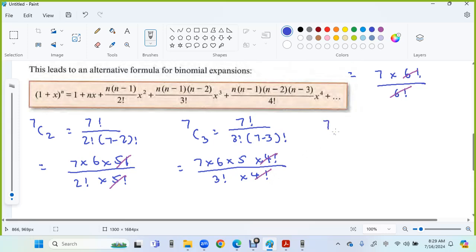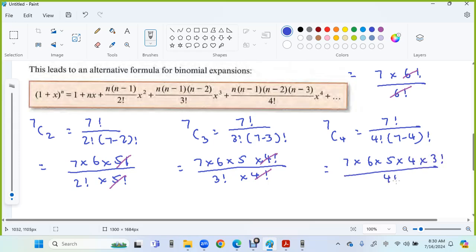And we have the 7C4, which is 7 factorial over 4 factorial times (7 minus 4) factorial, which is 3 factorial. Then 7, 6, 5, 4, 3 factorial over 4 factorial times 3 factorial. So this one cancels. So this leads to an alternative formula for binomial expansion.